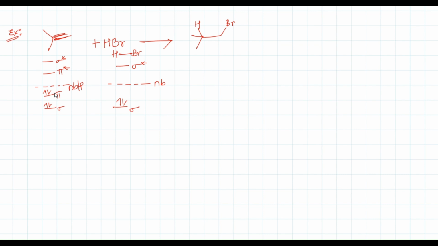Since sigma electrons were there, the vacant orbital is sigma star, not non-bonding. The anti-bonding orbital is sigma star. Hence the pi orbital of the alkene will occupy the sigma anti-bonding of HBr. So the electrons move from pi of C double bond C to sigma star of HBr, right?